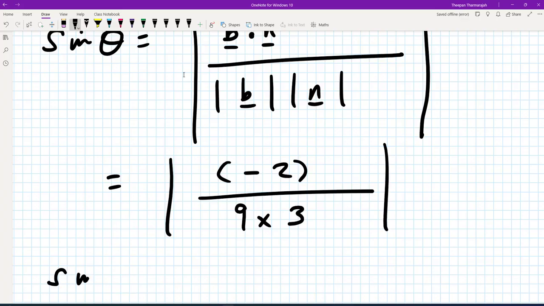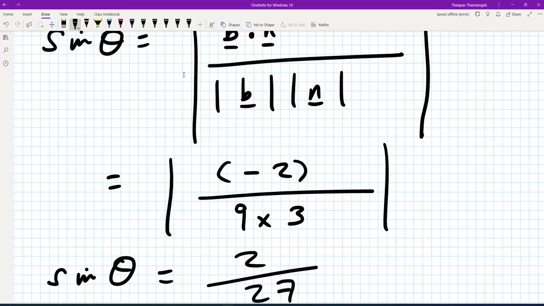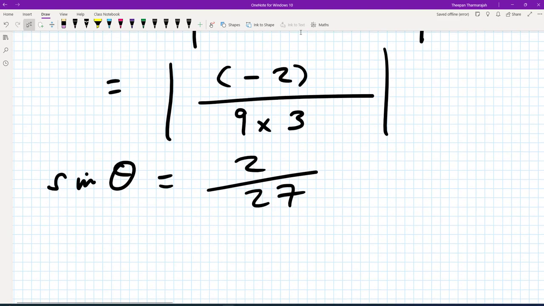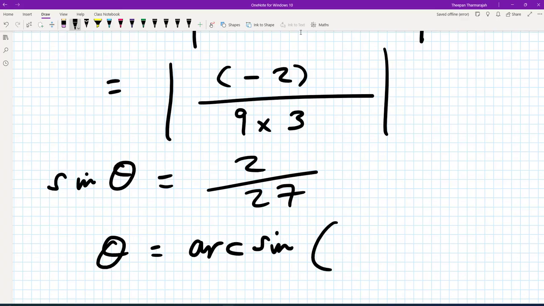So in other words, we have sine theta is 2 over 27. The modulus has eliminated the minus, or got rid of that. So by default, the modulus will give us the acute angle. So theta is arcsine. Don't forget, if you're doing further maths A-level, you would know, and even the regular level students would know, that arcsine is the formal name in mathematics of sine inverse or cos inverse or tan inverse.